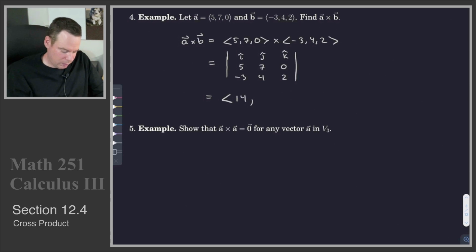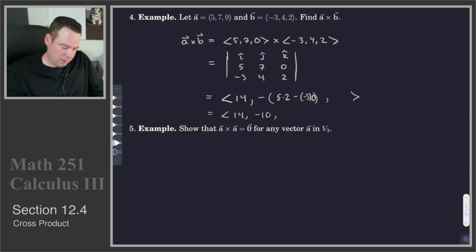For the next component, it's going to be negative of, and what we're going to do here is cancel out the first row, middle column, and for that remaining 2 by 2 submatrix, we're going to go 5 times 2 minus negative 3 times 0. So that's 5 times 2 minus negative 3 times 0. So really that just boils down to negative 10. Maybe I'll write that in the next line here.